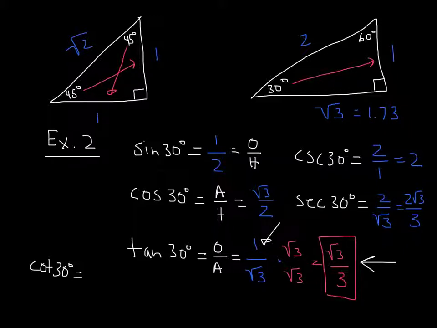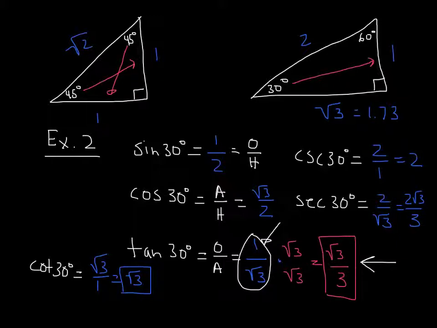Remember, before it was root 3 over 3, it was 1 over root 3, right? So it'd be much easier to flip that one to get the cotangent than to be trying to flip the root 3 over 3. So if you flip 1 over root 3, that just gives you root 3 over 1, or just root 3.